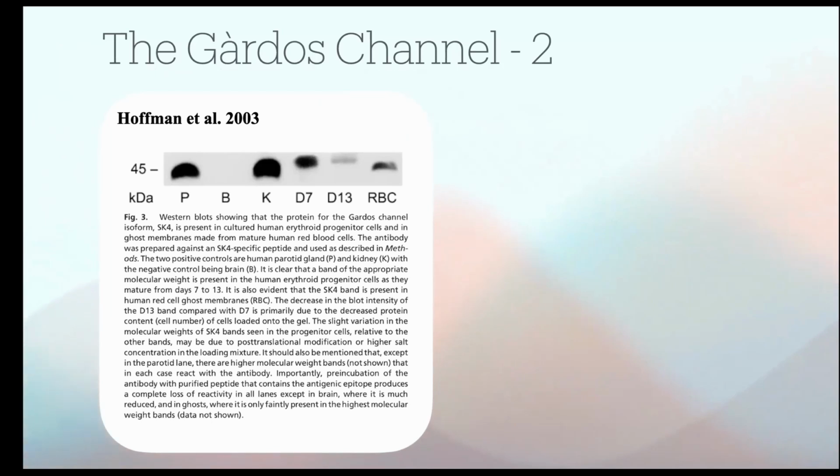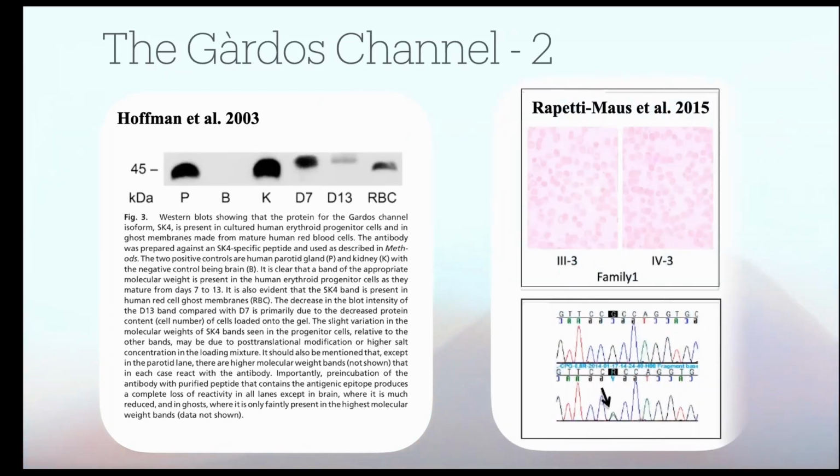So this was the first, let's say, written concept where the Goddard's channel was dedicated to a molecular identity. And I think this was finally confirmed without doubt when there were mutations of the Goddard's channel related to red blood cell phenotypes in hereditary diseases.